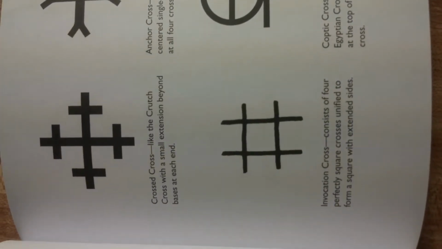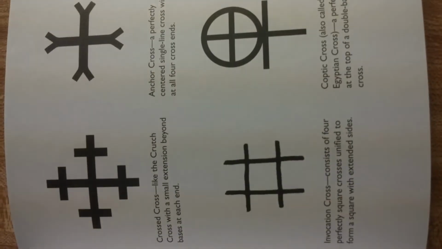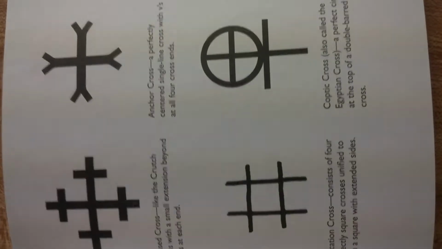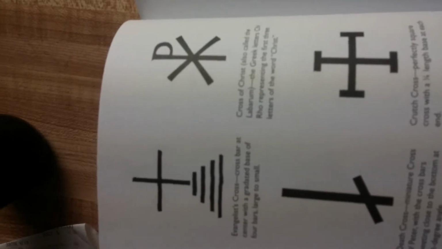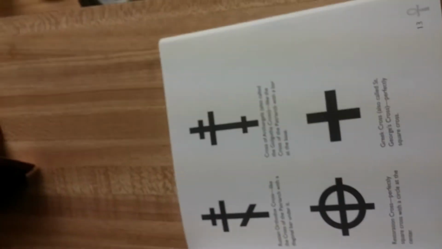But here's another cross. That's a lot of crosses. The invocation cross, the Coptic cross, the ANKH cross, the cross of Christ, the crutch cross, the death cross, the evangelist cross, the crossbar. That's pretty interesting. Wow, so many crosses here.